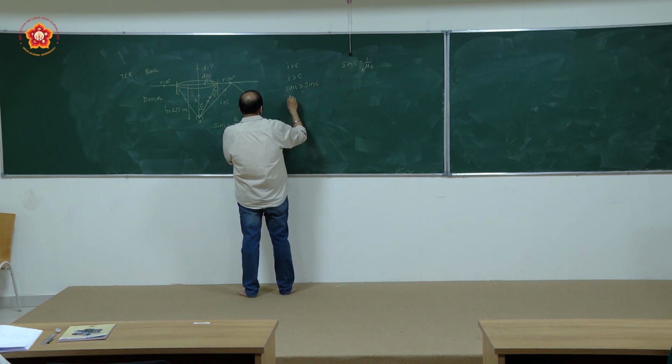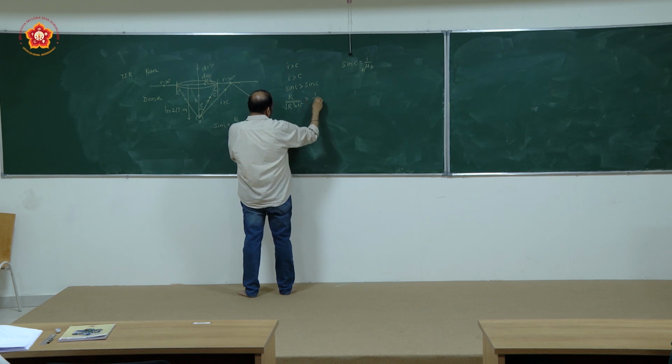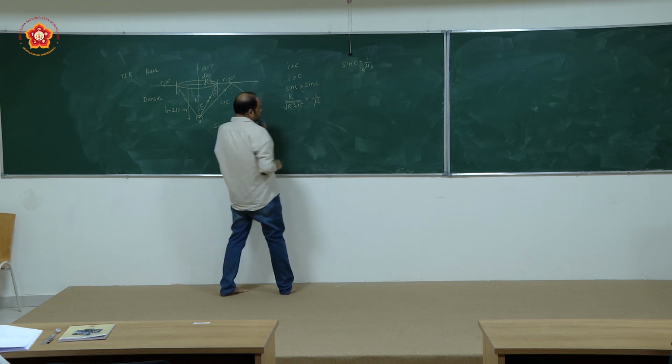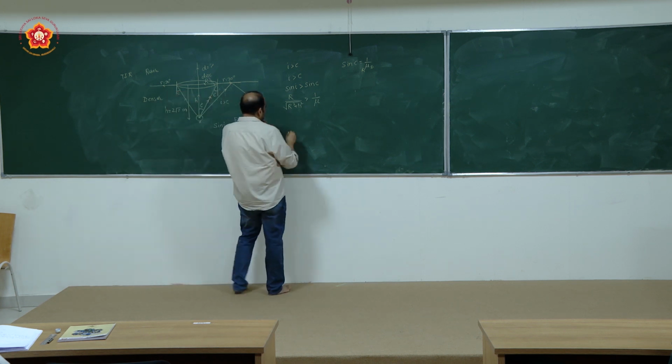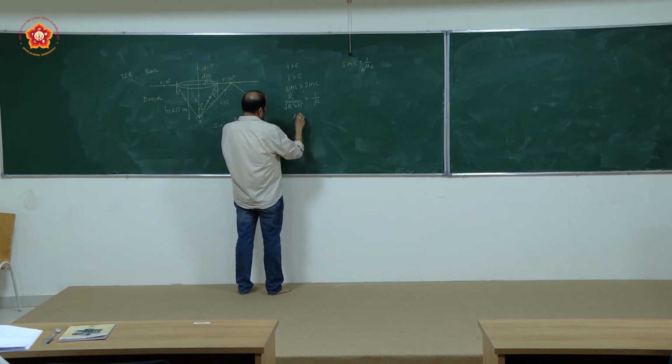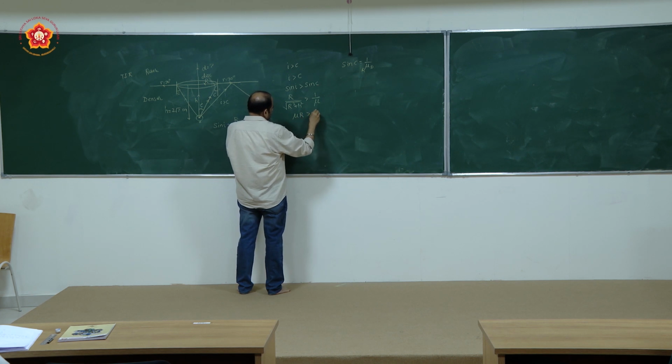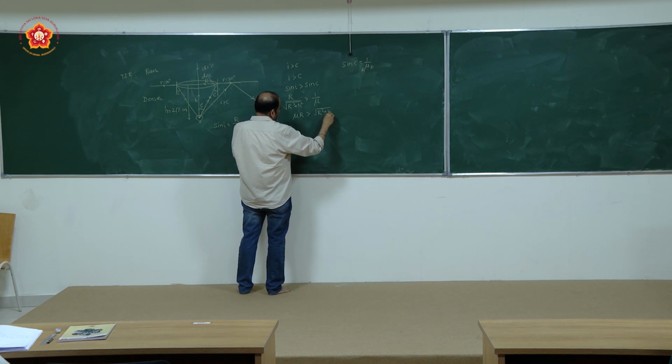So sin I is taken as R upon under root of R square plus H square, which is greater than 1 upon the refractive index mu. So I will be able to write here mu into R is greater than under root of R square plus H square.